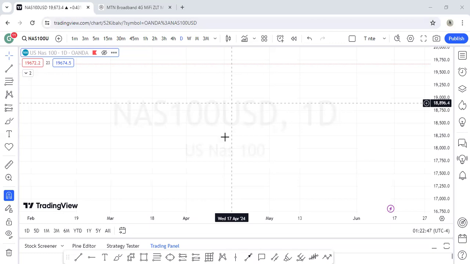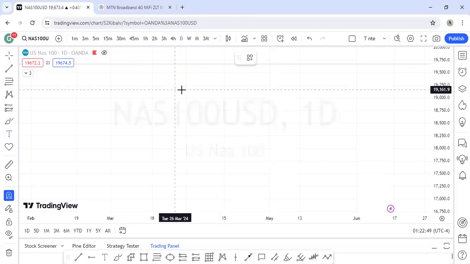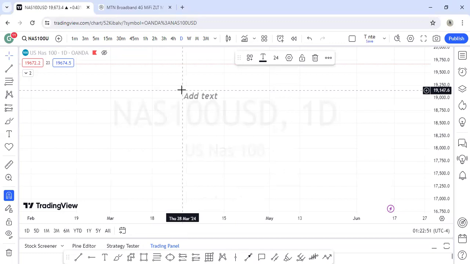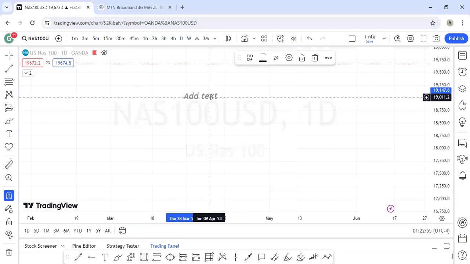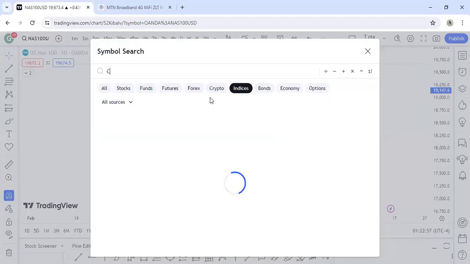Now, ICT defines order block as the change in the state of price delivery.